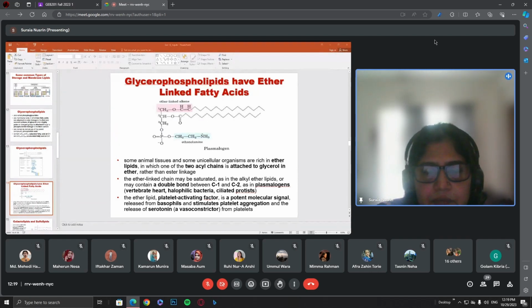Just mention the zigzag line. The main focus in the structure is about the linkage and the polar head group. Is it clear? Yes, ma'am.